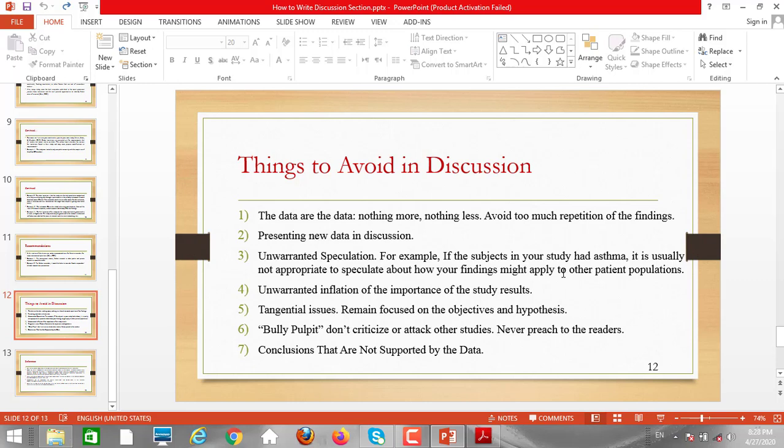The fourth thing not to include in your discussion is unwarranted inflation of the importance of the study results. Try not to provide unnecessary reasons for the importance of the study results.